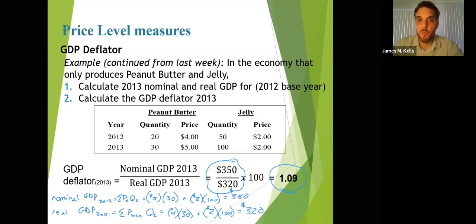Essentially what we're saying is that prices have risen on average, weighted by the quantity of the goods produced, by about 9% from 2012 to 2013 using the GDP deflator.